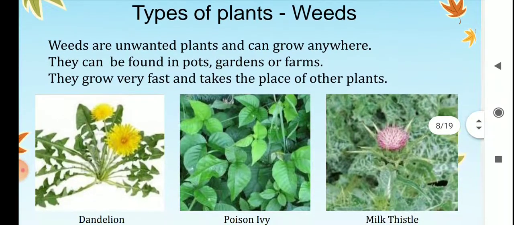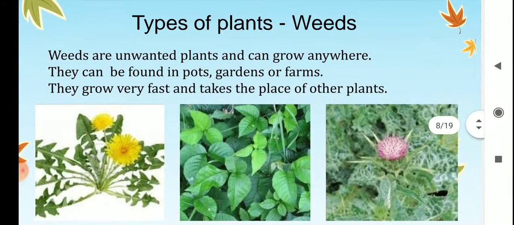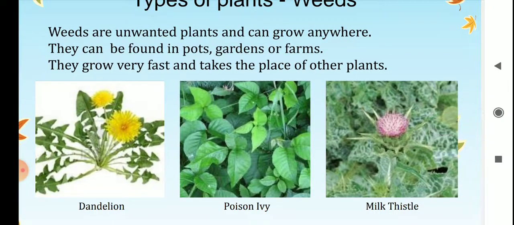Now weeds. Weeds are unwanted plants and can grow anywhere. They can be found in pots, gardens, or farms. Basically weeds are unwanted and are found anywhere. They grow very fast, that's why they are called weeds, and they sometimes create problems in our agriculture and gardening, and take the place of other plants.